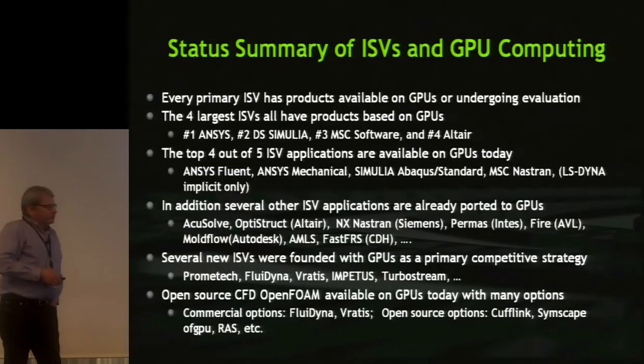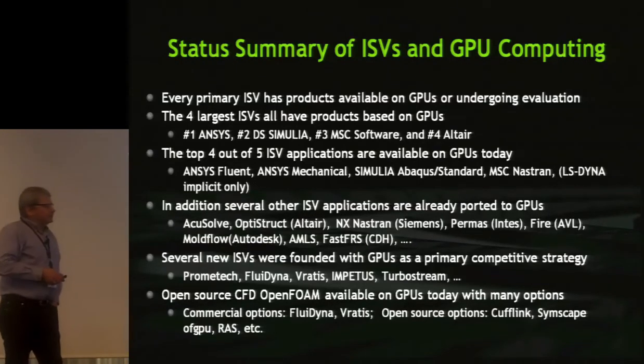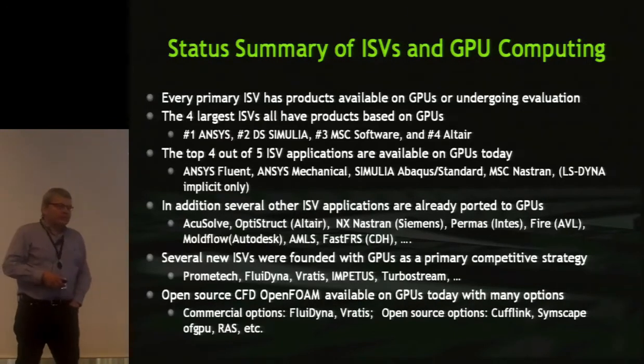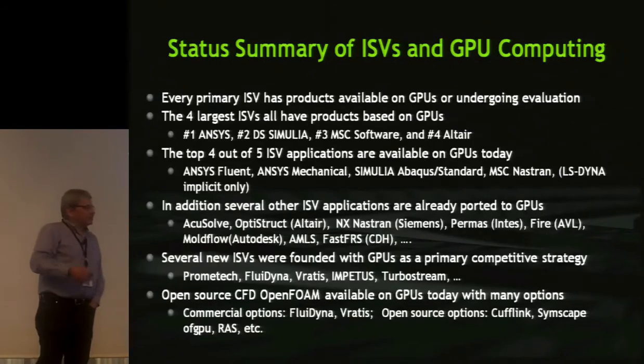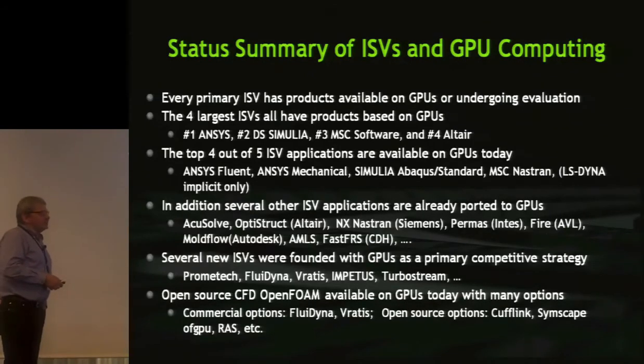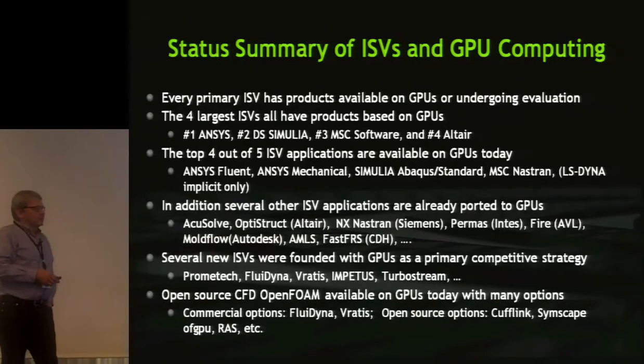So in general, status about the ISVs and GPU computing: more or less every primary ISV has a product which is available on GPUs or is evaluating GPUs. The four largest ISVs, ANSYS, SIMULIA, MSC and also Altair, have products which support GPUs.